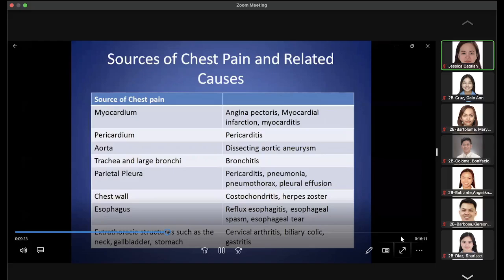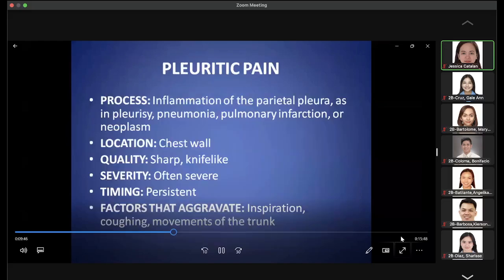Patients can also complain of chest pain coming from extrathoracic structures such as the neck, gallbladder, and stomach. So patients who have cervical arthritis, biliary colic, as well as gastritis. There are many causes of chest pain that one should be able to identify.